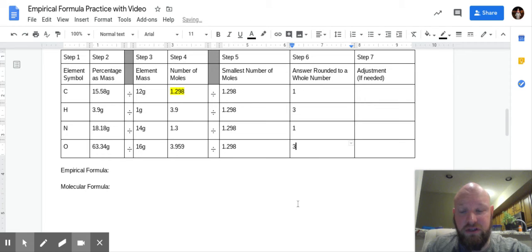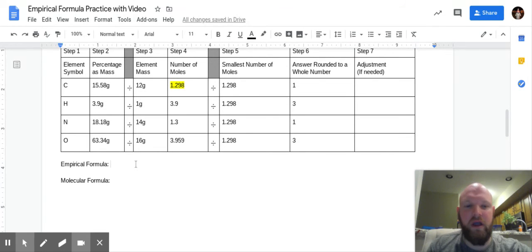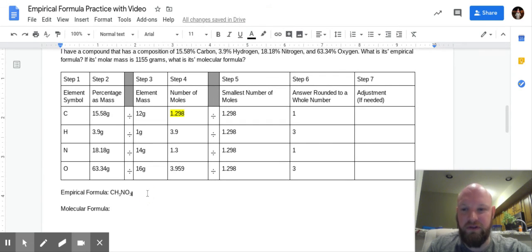We don't need to make an adjustment. That's rare that you will need to. I just like to have it there if it helps you guys to use this chart. So we're going to have C1, so we don't write the 1, H3, N1, O3.